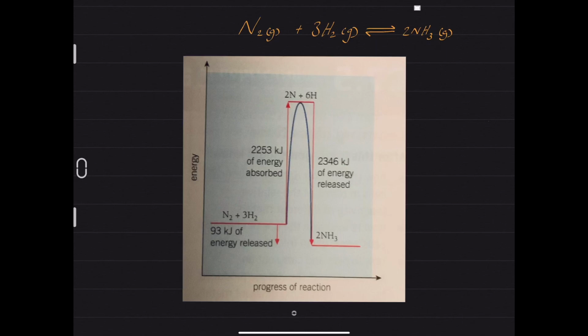And you can see where the activation energy peak is as well. You can see that you've got 2 nitrogen atoms plus 6 hydrogen atoms will form together to form our ammonia. So you can see at each stage where the reaction has been progressing, and you can map this out back onto how we actually calculated this value. If you work it back through our example, you can see where these values fit in.